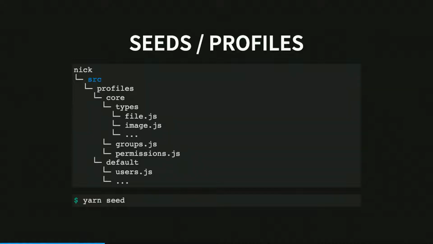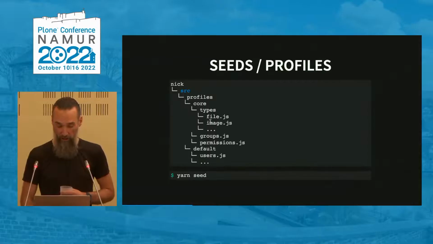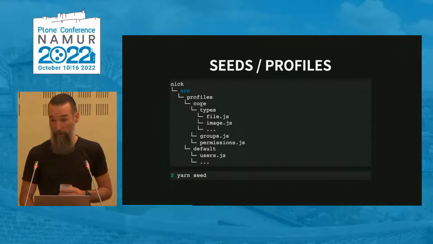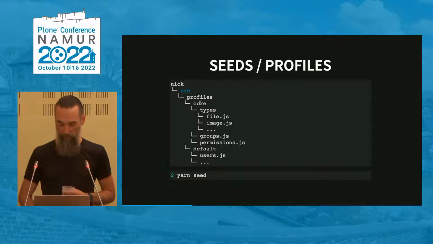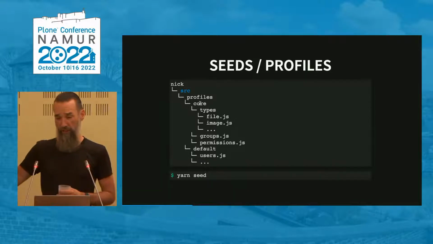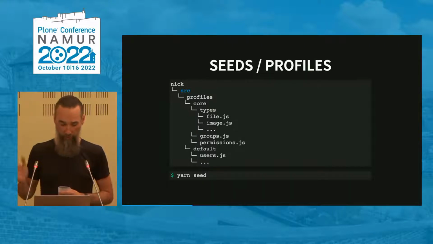I implemented them using the seed method of Knex, but I'm using a profile-based approach. So basically, you'll have a lot of files in your profile. You can have multiple profiles, and in this case, I've split them up between core and default. Core meaning all the things you really need, like the content types and permissions and stuff like that.